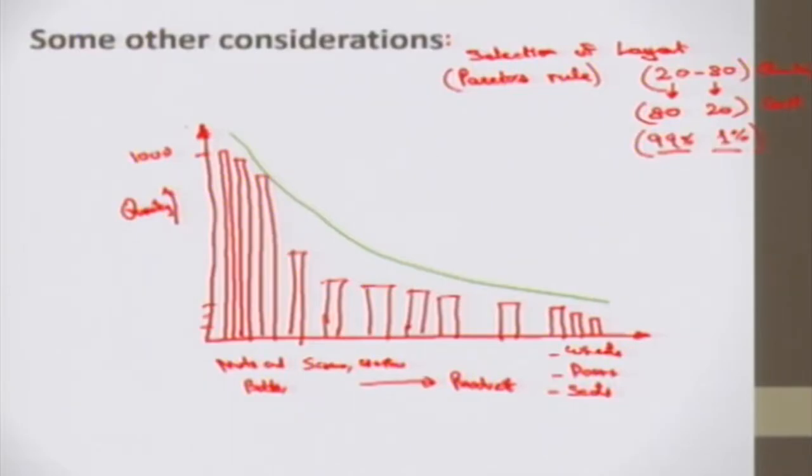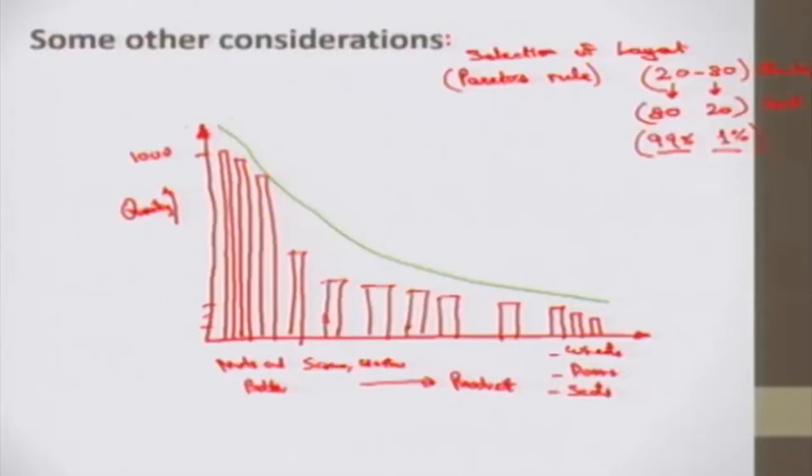Which kind of layout would you suggest for these high quantity products, high quantity components? I think you are making a right guess. We'll have a product layout here, and here, because the number of products is less, we will have a process layout.